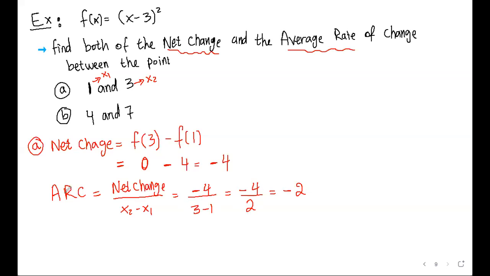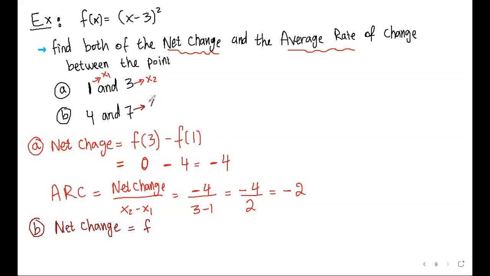Who will do the second one for B, 4 and 7? For the second one, net change. I get the answer here, 15. How did you find it?